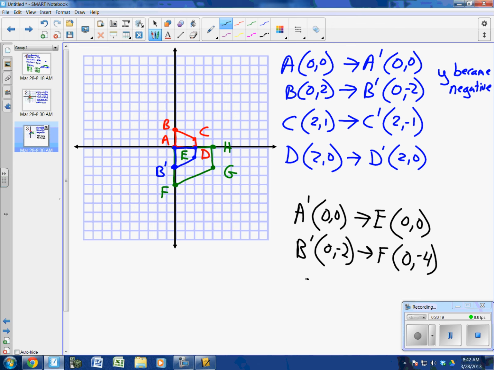Okay, C prime is at 2, -1, right? So G is going to be where? Okay, 4, -2. If I times 2 by 2, I get 4. 2 by -1, I get -2. So 4, -2.